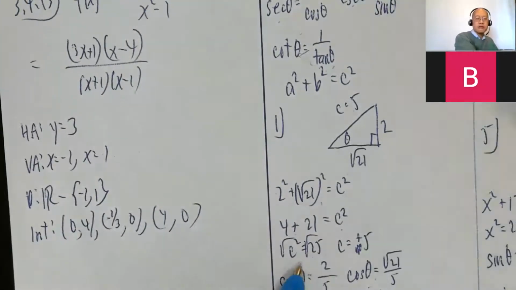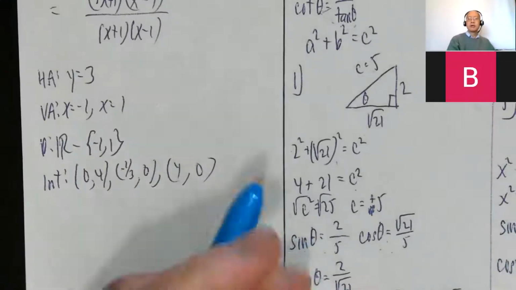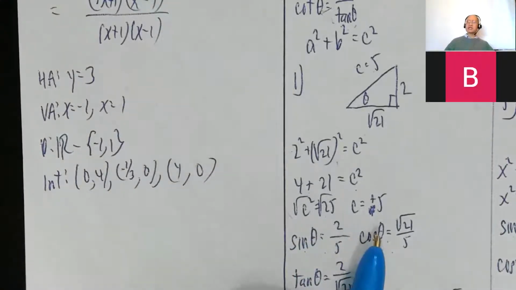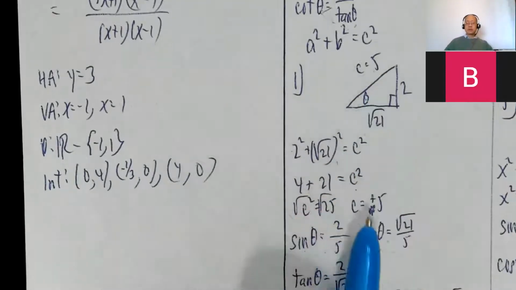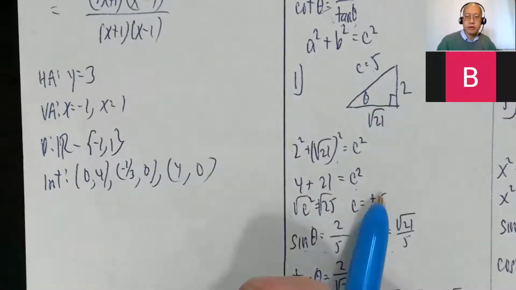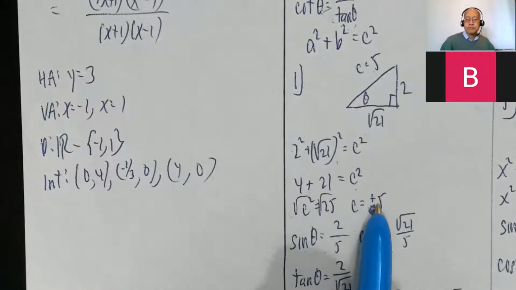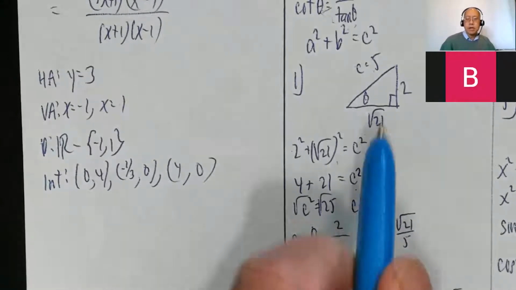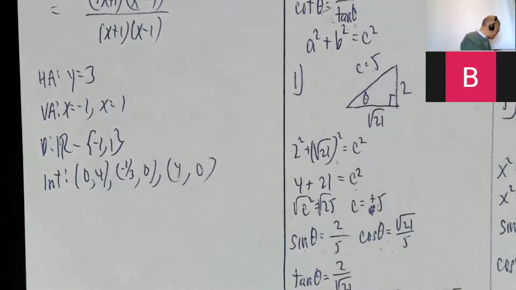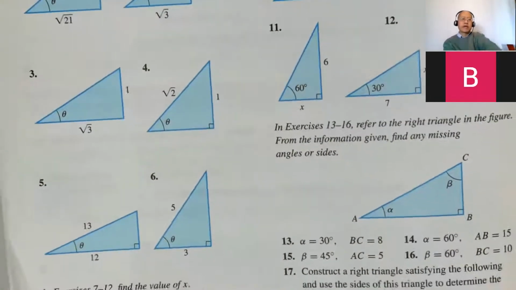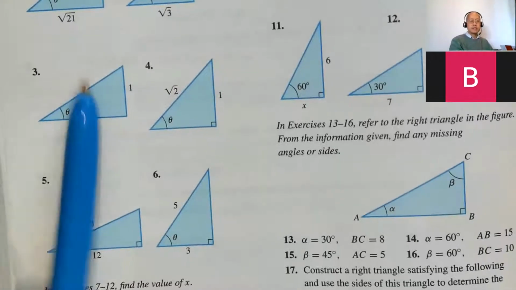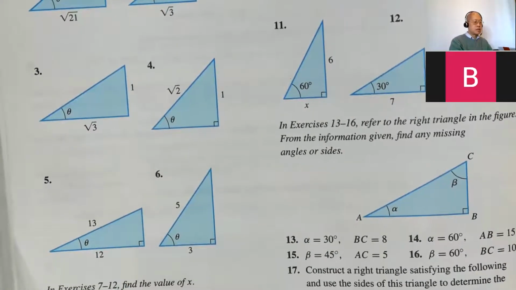C squared equals 25. Square root property: c is plus or minus 5. But for this kind of word problem, we don't want any negatives, so just keep the positive 5. For some of these problems, they don't give you all 3 of the sides. You have to figure it out, using the Pythagorean theorem and so on, right?